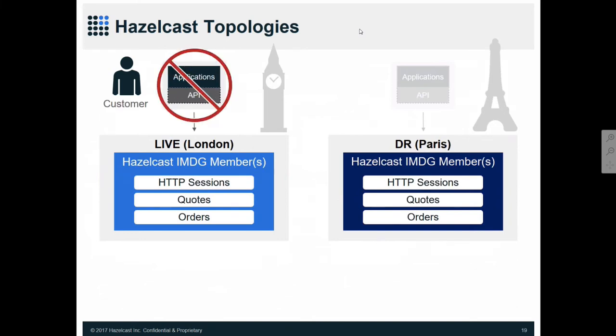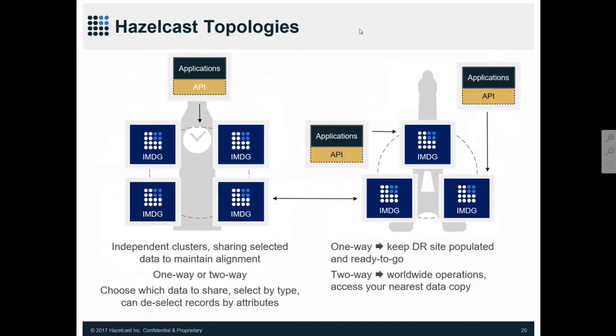The second thing is that you can actually have a two-way synchronization. Two-way in this case means you have two live clusters, and you can change information on both sides of the cluster. That could be, for example, a geographical kind of clustering technology, right? So you have one in Europe and one in the US and one in Asia, for example, and customers always get to their closest data center.